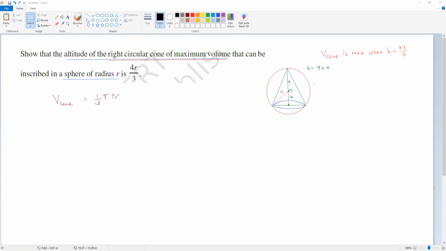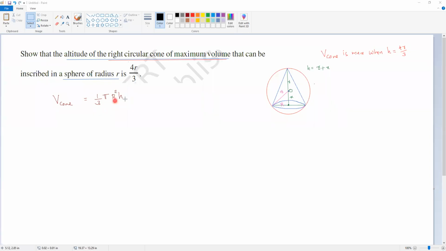This capital R is the radius of the base of the cone. Small letter r is the radius of the sphere. Those two are different. So volume of the cone is equal to 1/3 pi R square h.